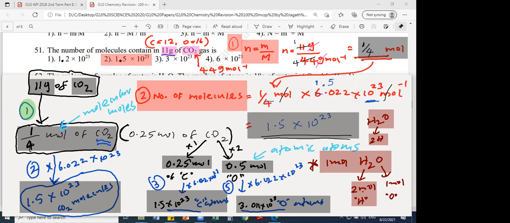They'll give simple molecules, but they can never ask how many atoms are there in sodium chloride. Why? Sodium chloride does not contain any atoms. Sodium chloride contains only ions. I have seen some school term test papers where some teachers ask, how many atoms are there in 1 mole of NaCl?